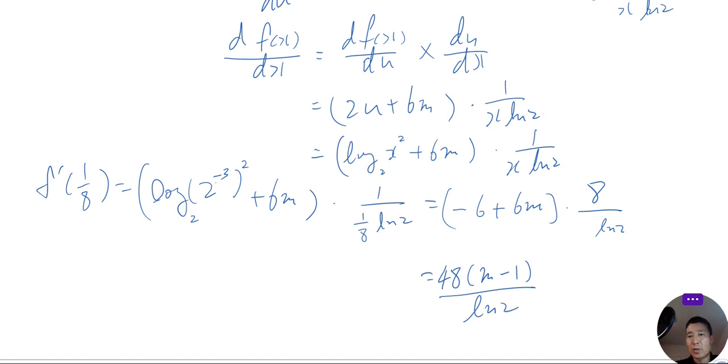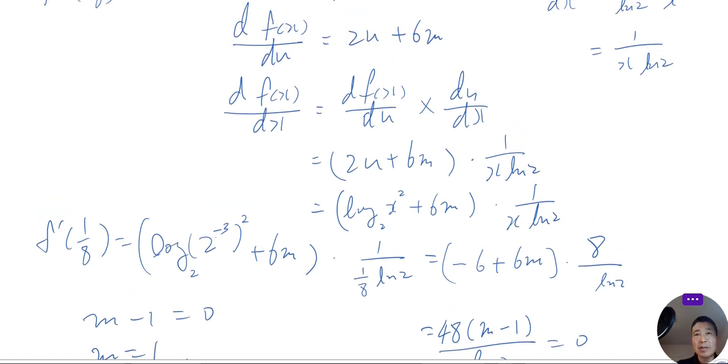So what I did is I factorized by 6 and multiplied by 8, all right? 48(m minus 1) over ln 2. That should be 0, meaning m minus 1 must be 0, right? So m must be 1, found.